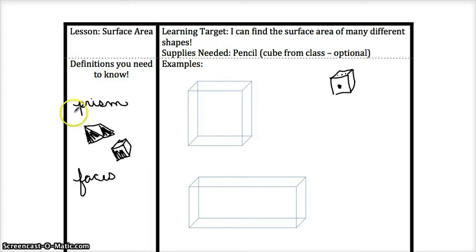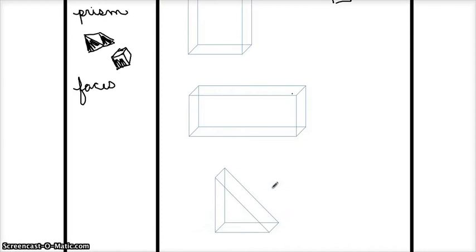And when you're looking at a prism, you name it based off of the faces that it has 2 of. So this one has at least 2 faces that are the same, and they're both squares. So that means that this is a cube. This one has 2 rectangular faces that are the same. So that's why this is called a rectangular prism. And then this one, while it has a rectangle right here and a rectangle right here, they're not directly across from each other.